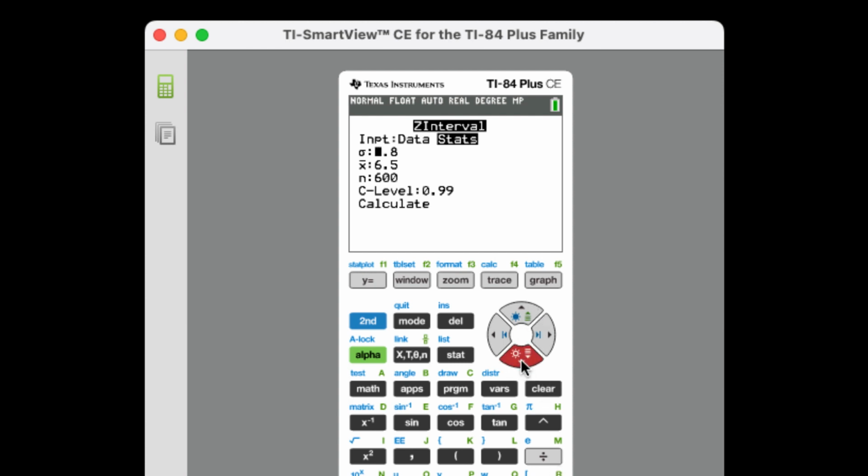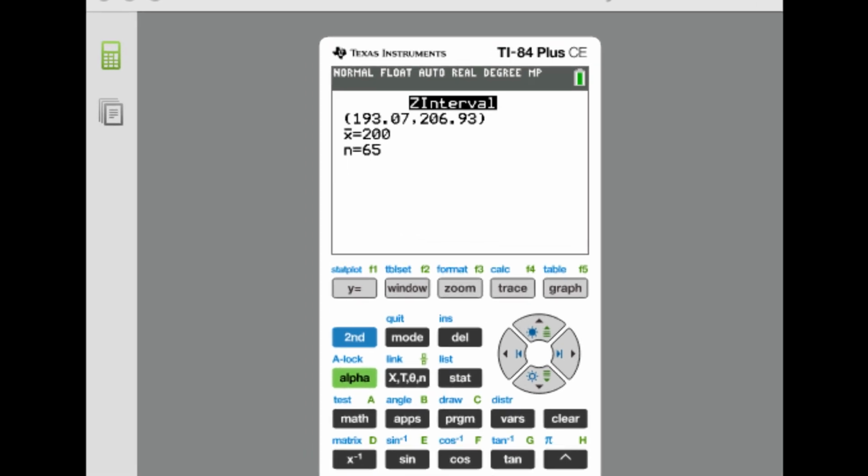What's the standard deviation? 28.5. Yes, it's in millions, but that's okay. What's the sample mean? 200 million. Good. What's the sample size? Good. What's the confidence level? Good. And hit calculate. That's all you got to do. All right. What do you guys get?